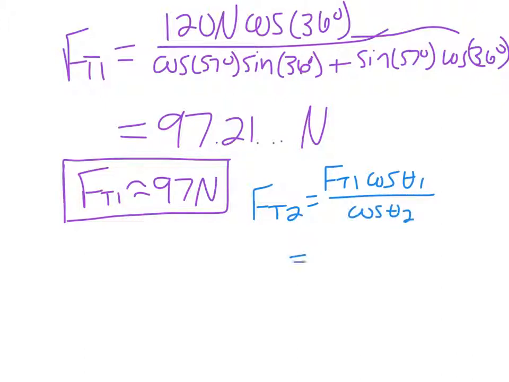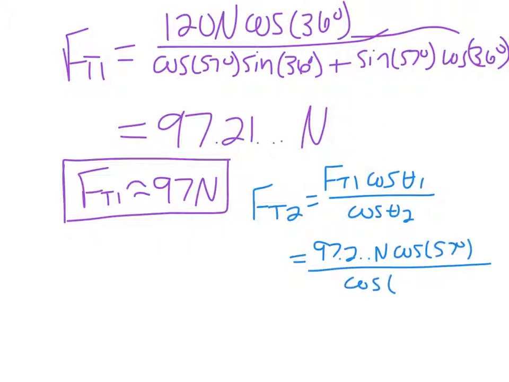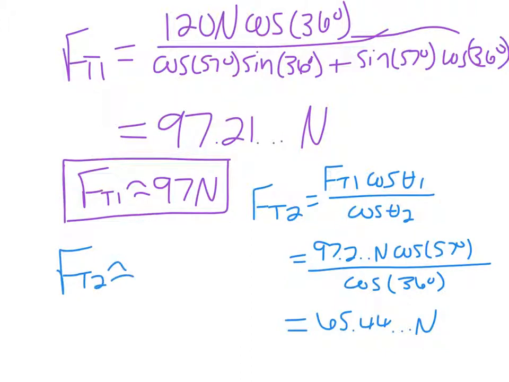So this equals my unrounded 97.2, keeps on going, newtons, cosine 57 degrees divided by cosine 36 degrees. This will come out to be 65.44, keeps on going, newtons. 2 sig figs, Ft2 is about equal to 65 newtons.